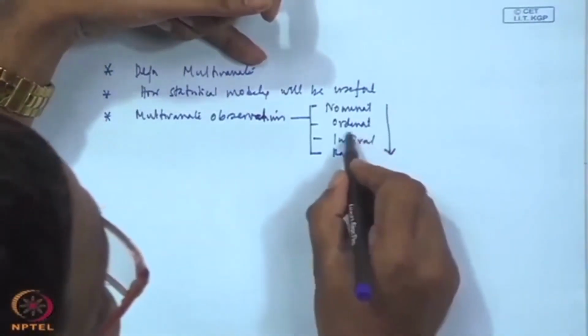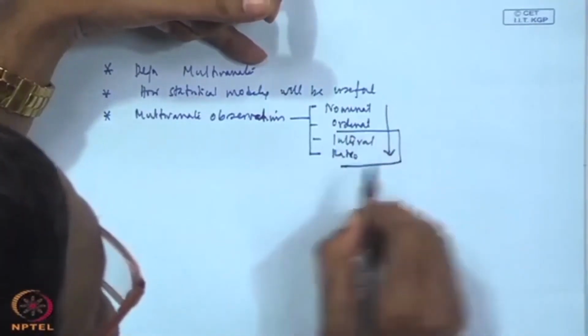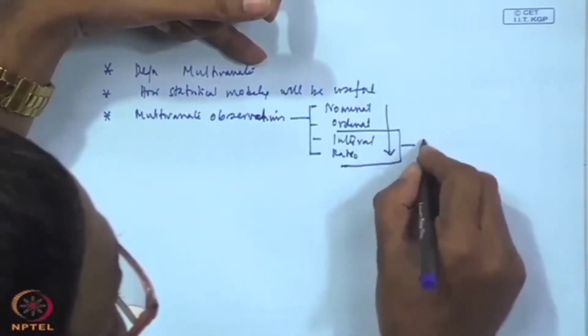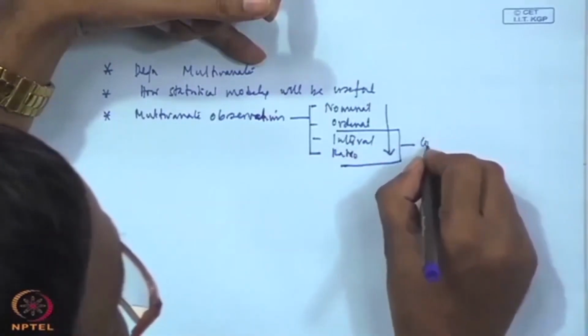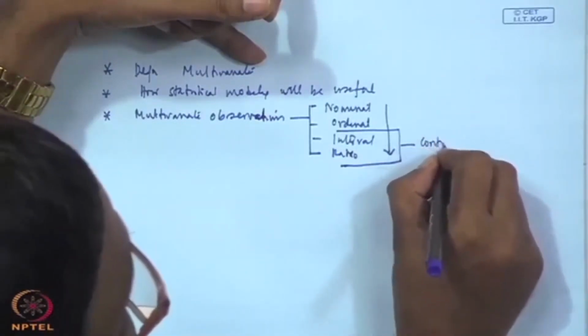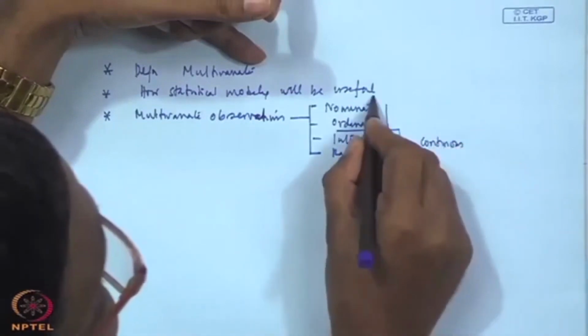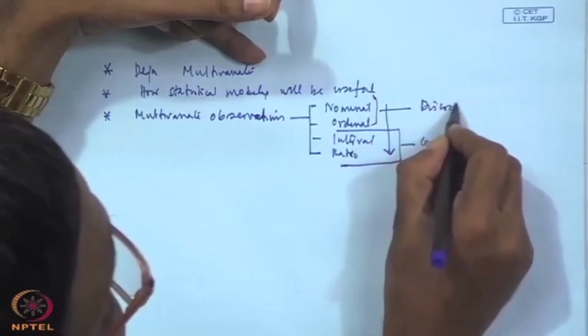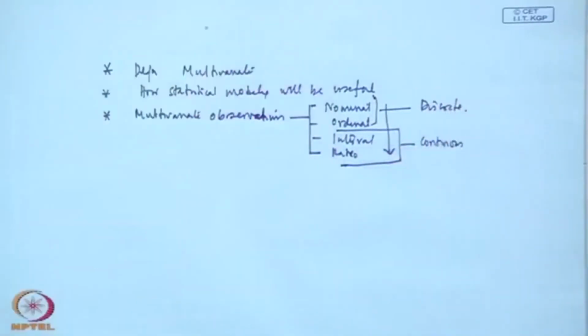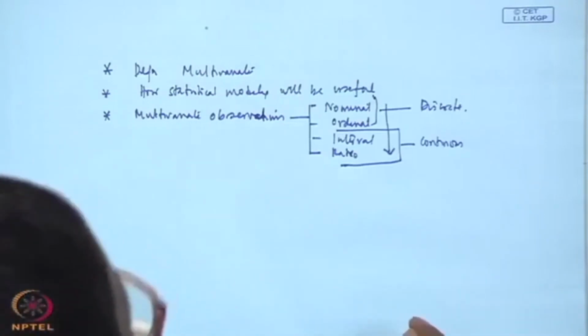And we have seen also that ratio data and interval data come under continuous, and the first two come under discrete. But by discrete data we also understand count data, please keep that in mind.